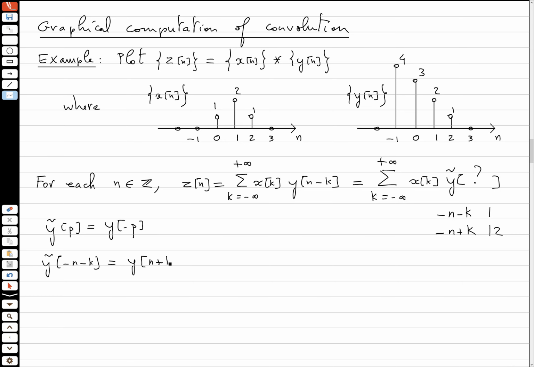Y of n plus k, and this is not what we want. If you write y tilde of minus n plus k, what do you get? Y of n minus k. This is what we want. So the answer is the second one. So the majority wins. So I can write k minus n.